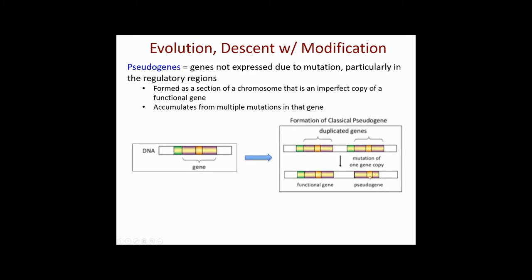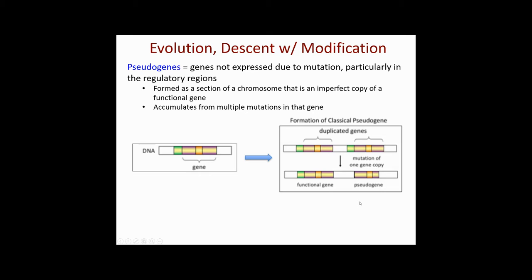In the case of a pseudogene, the set of mutations that occur within a copy make it non-functioning, basically impair it. They lack that regulatory gene, in this case, the green section, that would be able to turn the desired gene on and off. So it just doesn't work.